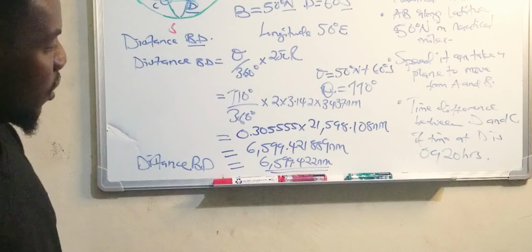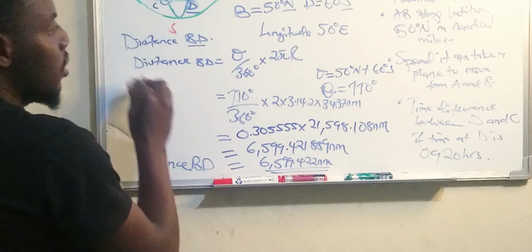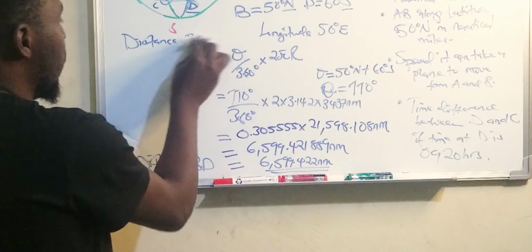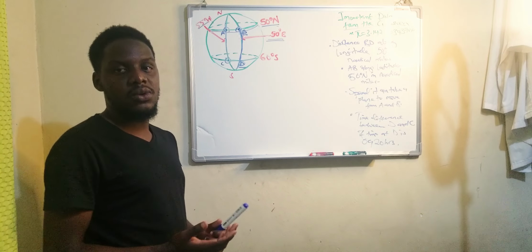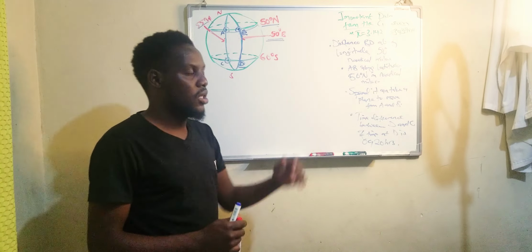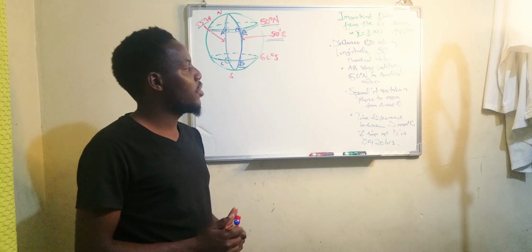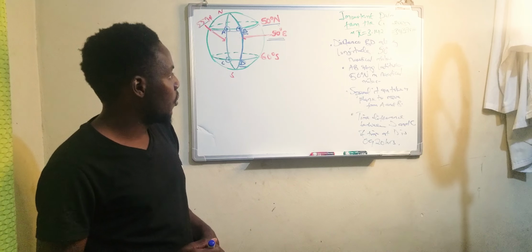So now, with that said, let's see how you can calculate the distance in latitude. According to what the question says, calculate the distance AB along latitude 50 degrees in nautical miles.